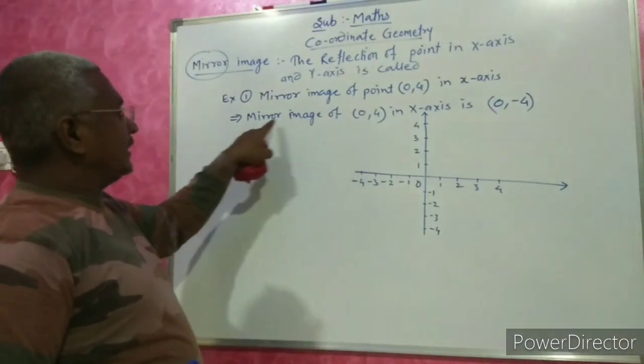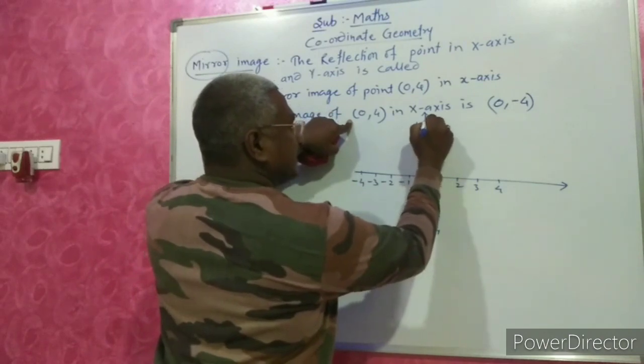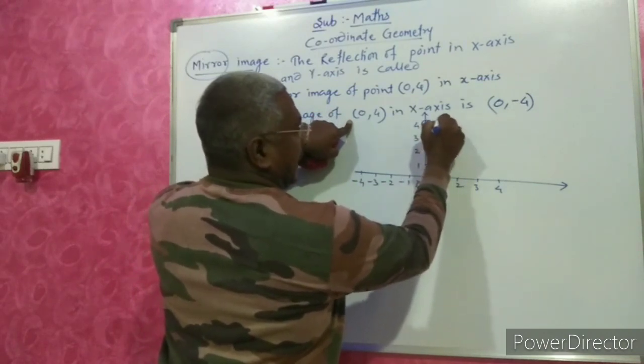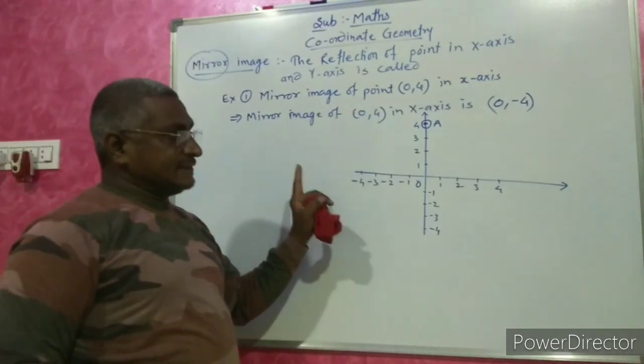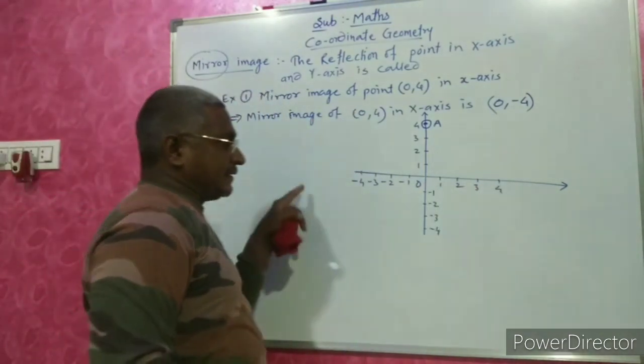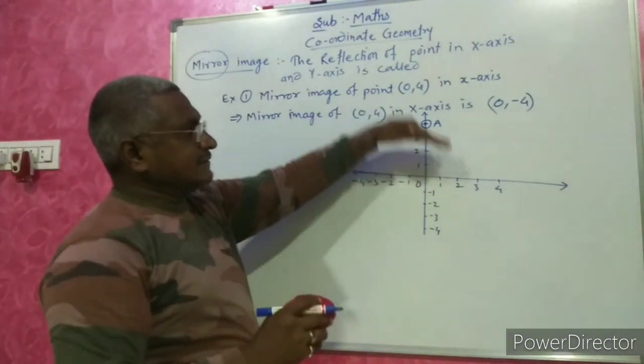Now, what is the coordinate of the point (0, 4)? The point is here, A. So what is the mirror image in the x-axis? The x-axis is the mirror, and the point is above it.